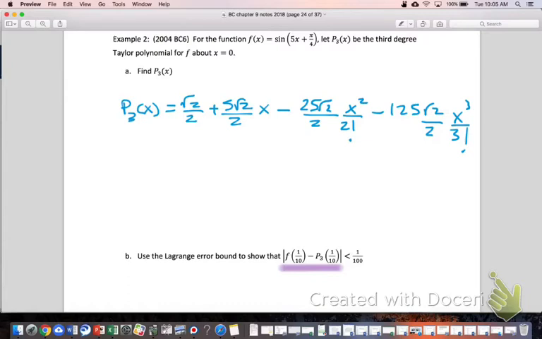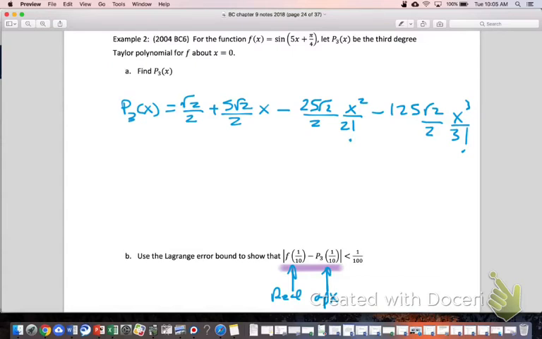Isn't this right here the actual value of f of 1/10? So that's the true real value. And p sub 3 of 1/10 would be our approximation based on a third degree partial sum. So this is the real answer, this is the approximation. If you take the real answer minus the approximation, that should give you the error, right?